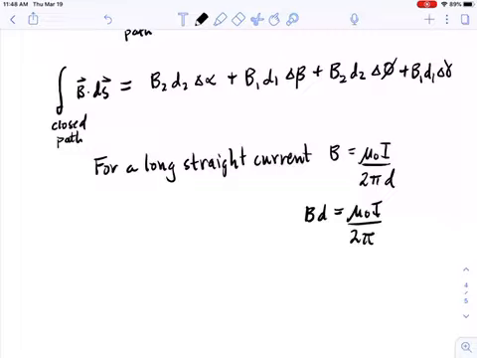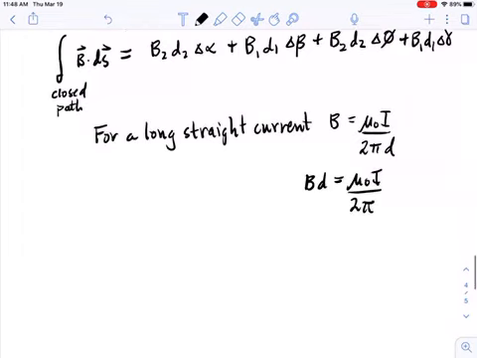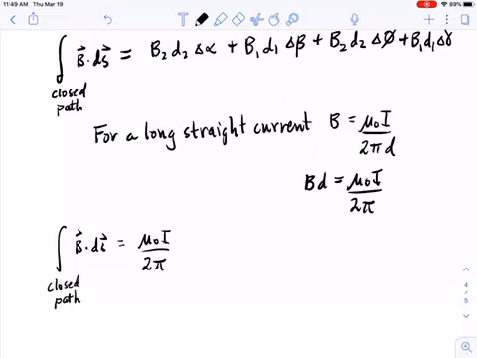Whether it's B1 D1 or B2 D2, that product is always just mu naught I over 2 pi. So if we put that in, our integral around a closed path of B dot ds is equal to B times D, mu naught I over 2 pi, and we're going to get that for all four of our terms, times delta alpha plus delta beta plus delta phi plus delta gamma.